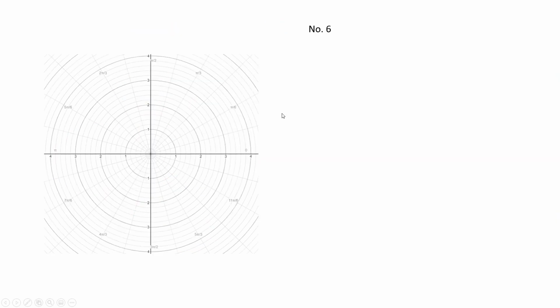Alright. So for the last number, we're going to have r equals 1 all over 1 minus 2 sine theta. So again, if you plug this one in your table mode, f of x equals 1 all over 1 minus 2 sine alpha x.